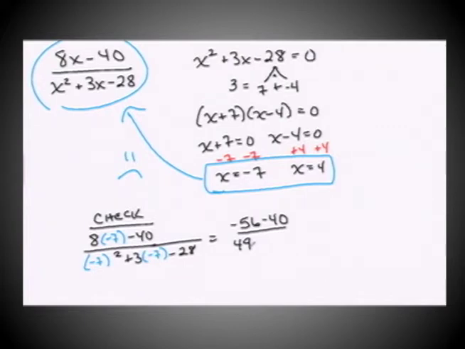And 3 times negative 7 is negative 21. And minus 28 in the denominator.